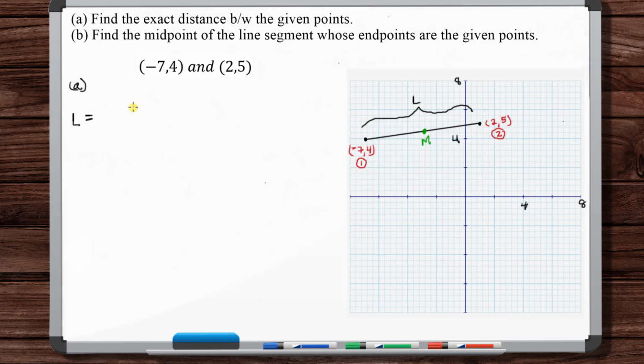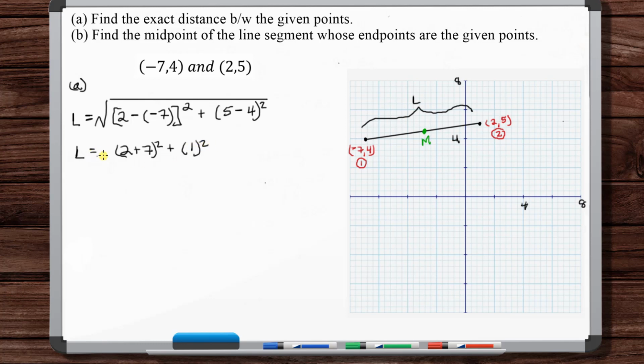So L is equal to the square root of 2 plus 7 squared plus, so 9 squared plus 1.